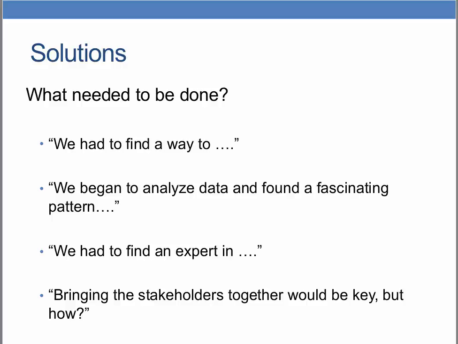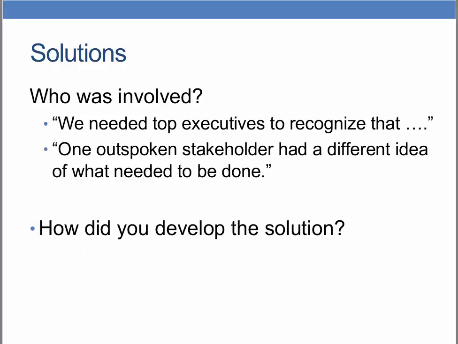So we had to go out and do a search, and our solution was to bring in someone who had this type of experience or could talk to this or things like that. Or just bringing a certain group of stakeholders or a certain collection of people or interests together would be key, but how do we do it when they're dispersed all over the world or whatever the issue might have been? Those are some types of solutions that you could describe a little bit more.